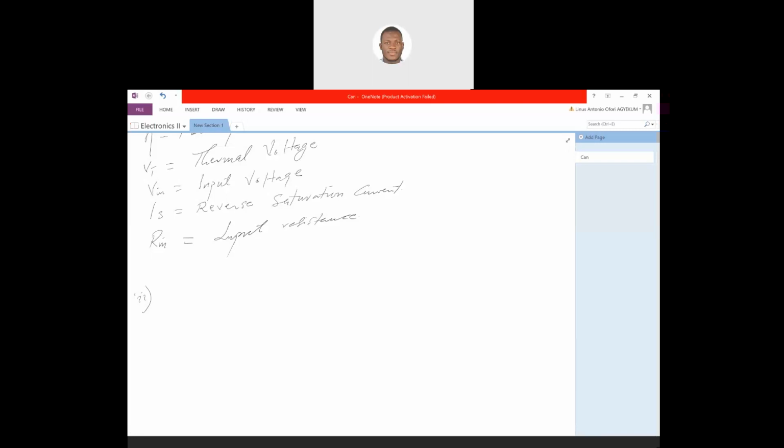But in this case, we have a PN junction diode. What it does is make the circuit behave like a nonlinear signal compressor.